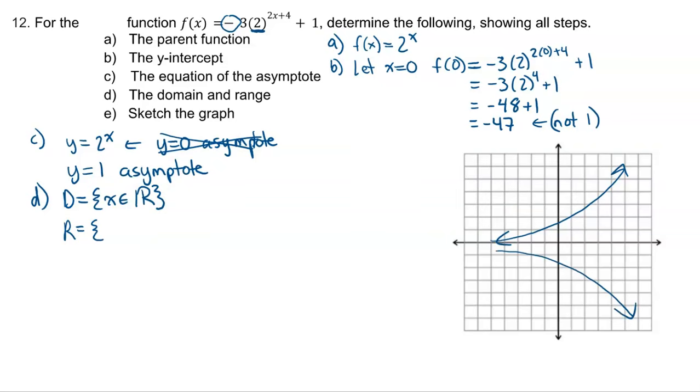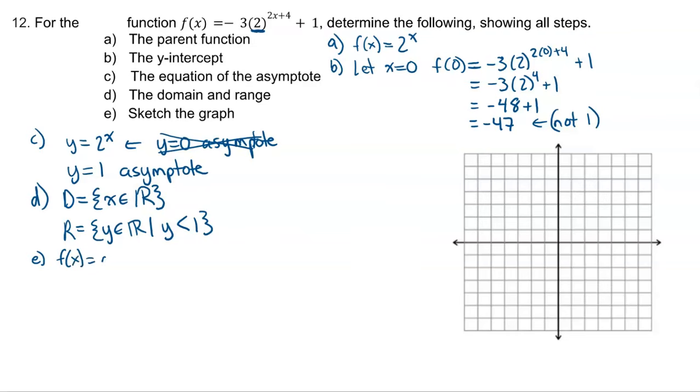If it was negative, as we can see the a value, the leading value is negative, that's going to flip it over the x-axis and make it go down. So it would be below 0. But because the asymptote has been shifted up to 1, it's going to be below 1. And so there we say y is a set of all real numbers such that y is less than 1. Doesn't touch 1, it's less than 1.